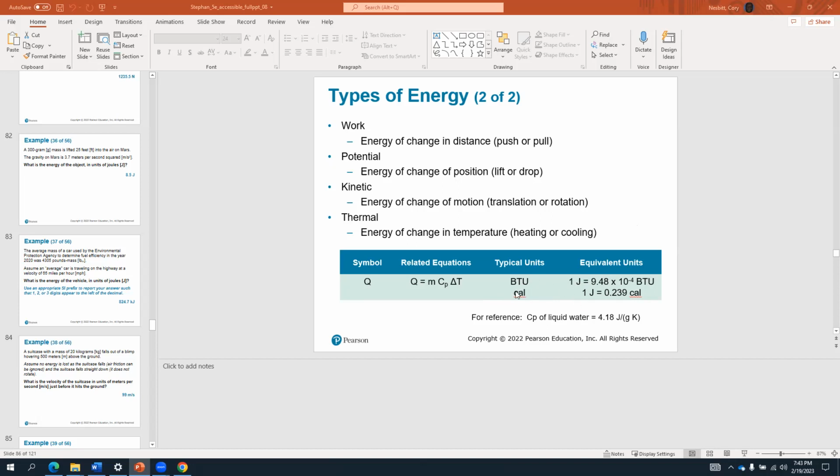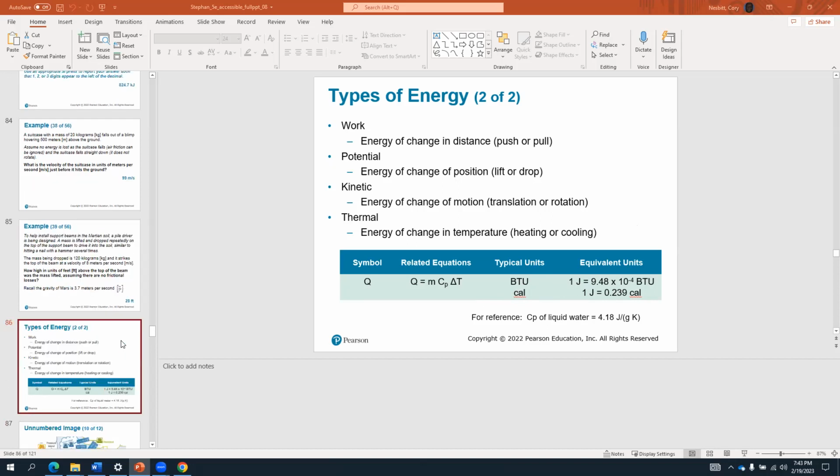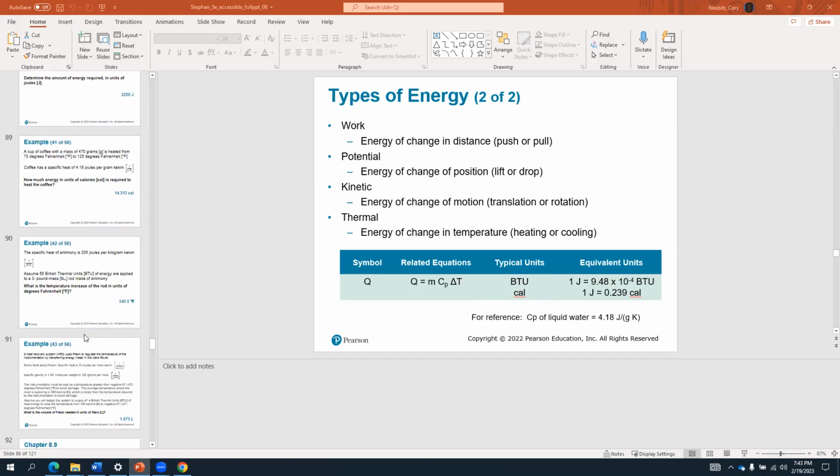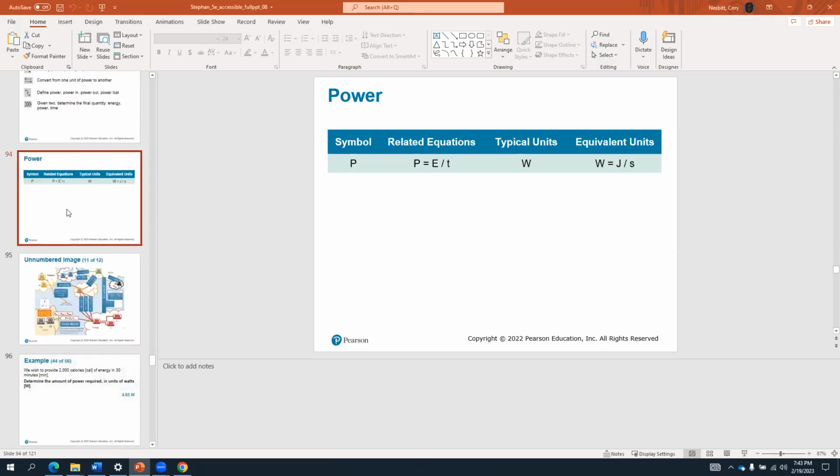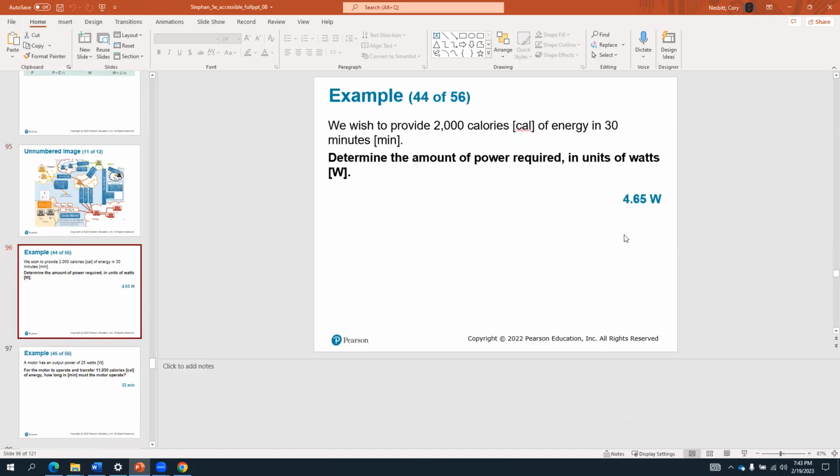Now, I'm not going to work a problem for energy, but what I do want to do is go to this problem in power. I saw a problem for power. And it's a pretty good question, I believe, because it asks you, we wish to provide 2,000 calories of energy in 30 minutes, right?